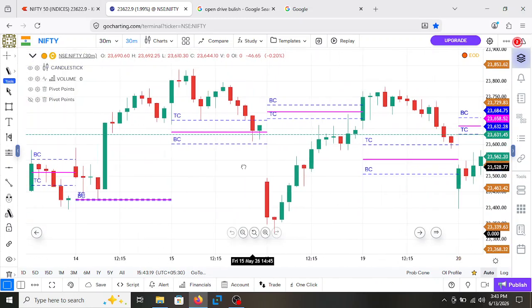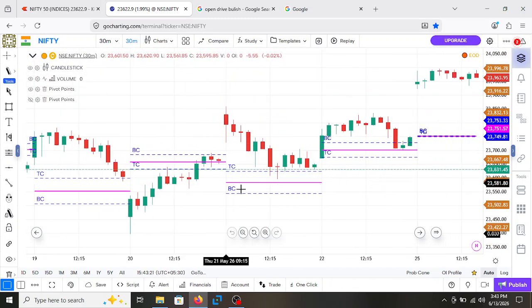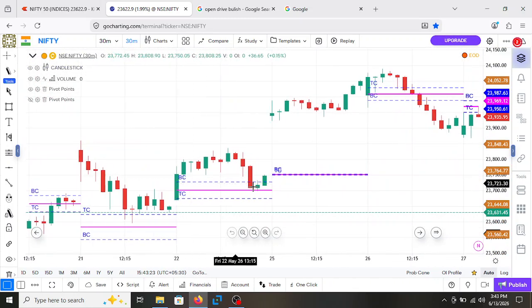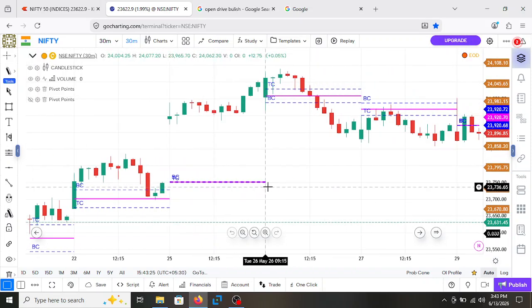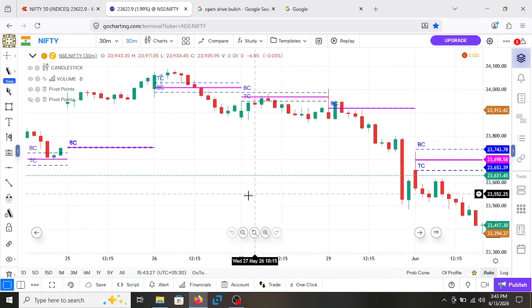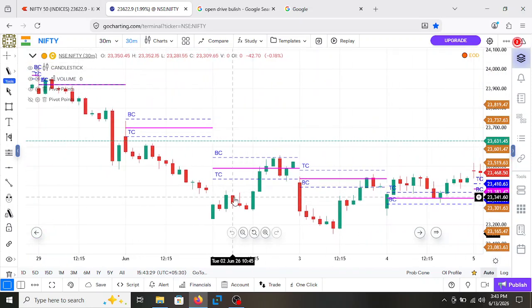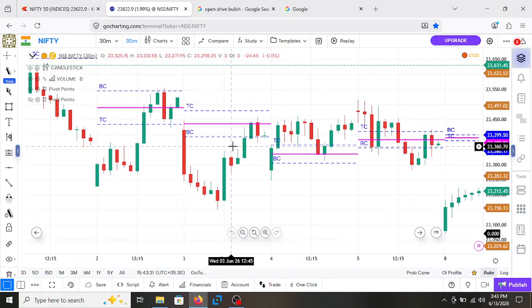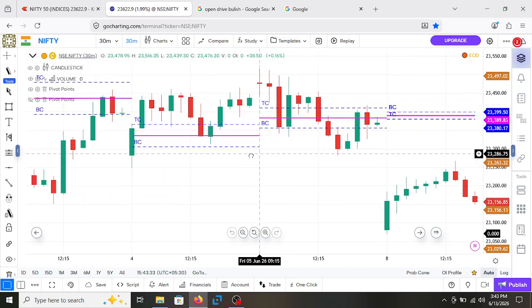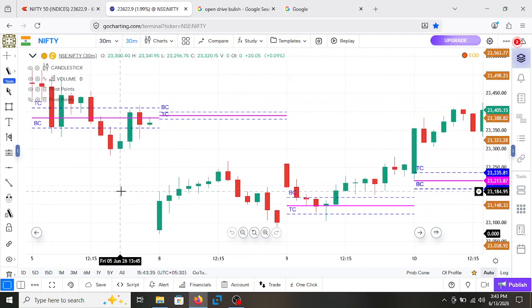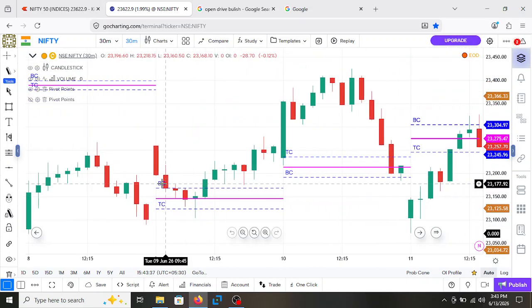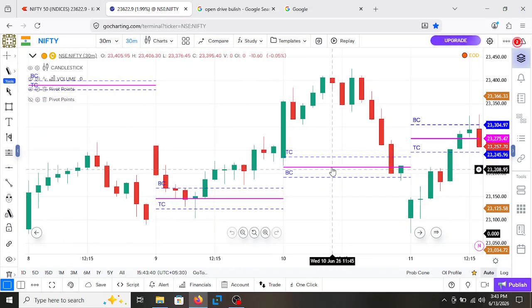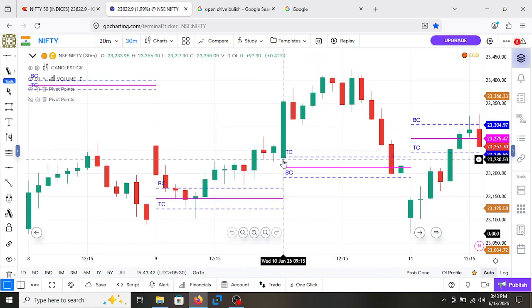So now let's see what happened when price comes to this level after a few days or on the same day. Let's find the exact one. Okay, here Nifty opened here. Responsive buyers came and initiated the activity.